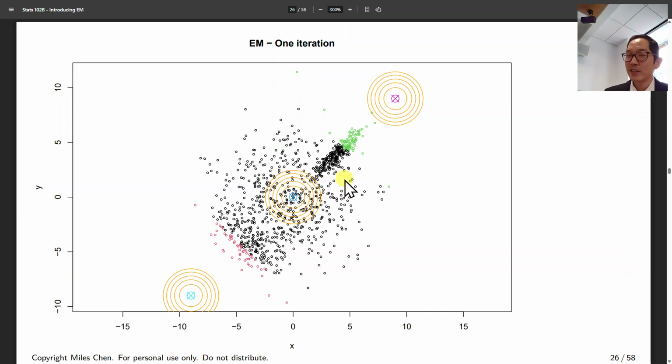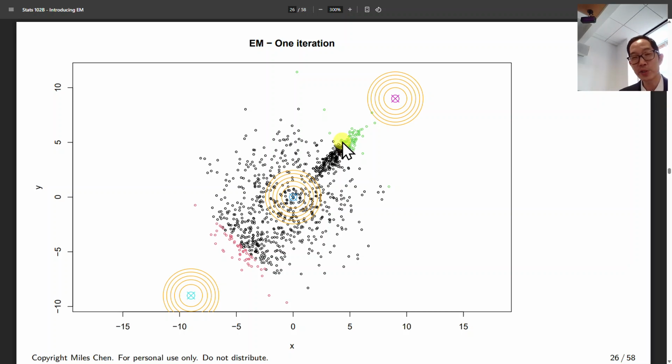But these graphs are a tiny bit deceiving because it looks like this point right here is assigned to cluster 1 in black, and this point right here is assigned to cluster 3 in green, okay? But in reality, along this border, the points that are colored in black here are like 51% cluster 1 and 49% cluster 3 in green, okay?